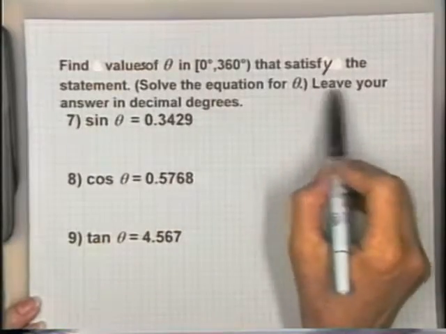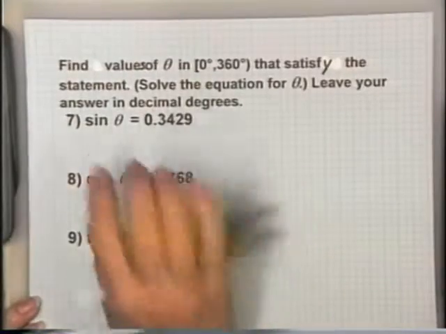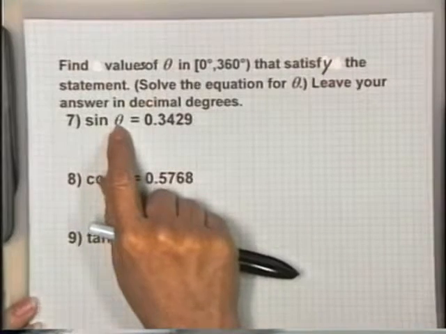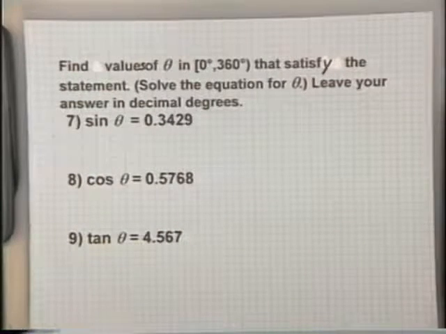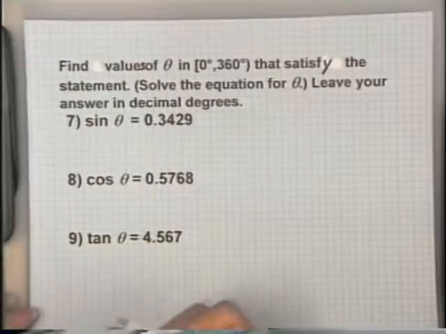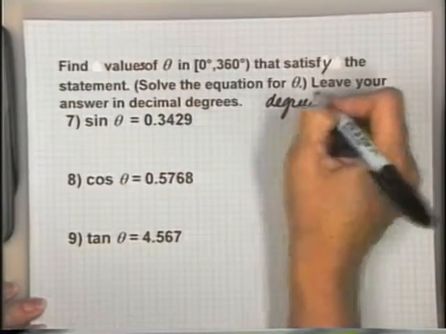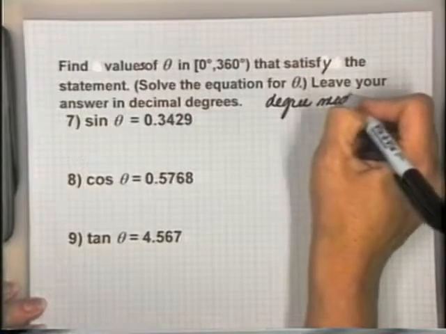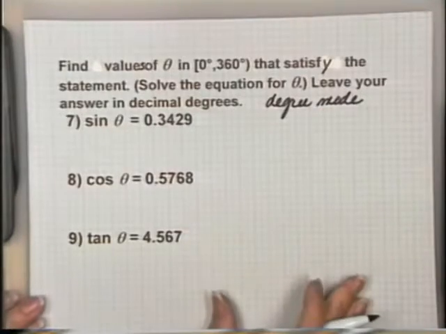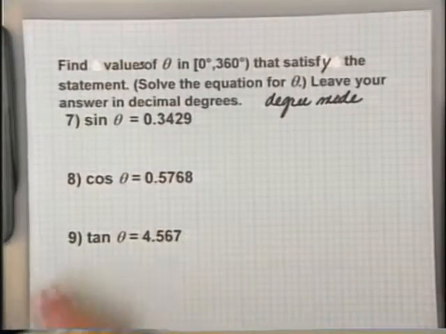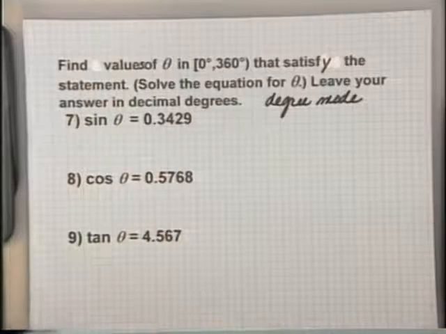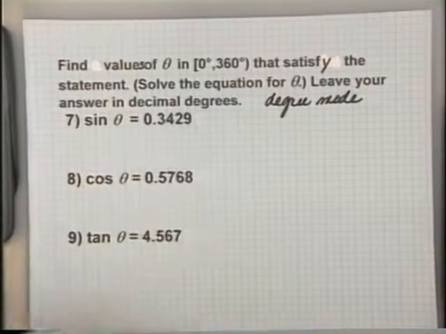Now they're telling us to leave your answer in decimal degrees, so that means theta needs to be in decimal degrees. And if we want the calculator to give us degrees, then of course we know that it needs to be in degree mode. So make sure that your calculator is in degree mode, and it will give us the answer in decimal degrees then.